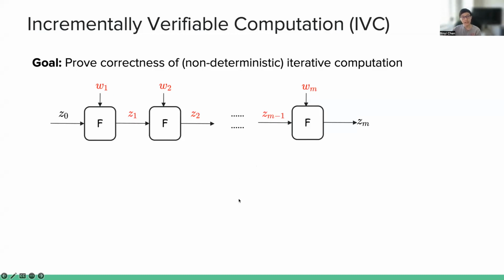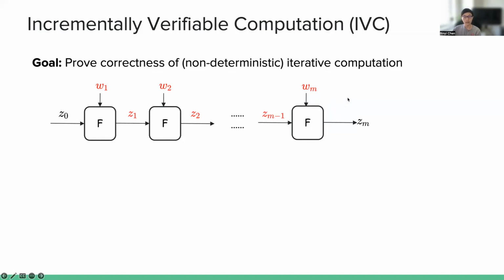The main problem this paper wants to study is to prove the correctness of some iterative computations. You can think about there is a step function f, and we want to prove that the execution of f running many times is correct. There's one final output and an original input, and in each intermediate step we run f on the previous input with some online witness w.